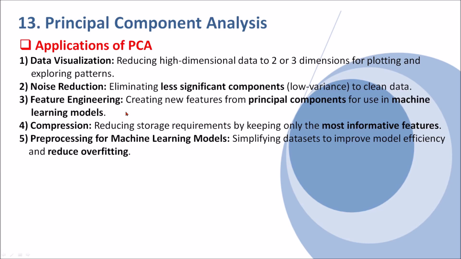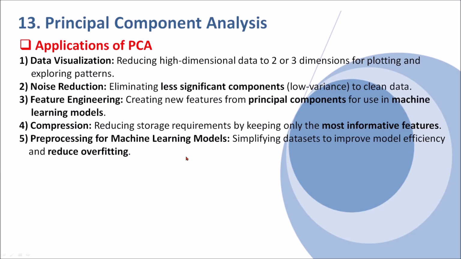Then, feature engineering: creating new features from the principal components for use in machine learning. We have the original data, then we implement principal component analysis and generate the new 3 principal components. The newly generated principal components are different from the original features. Therefore, we can say this is a process of creating new features.